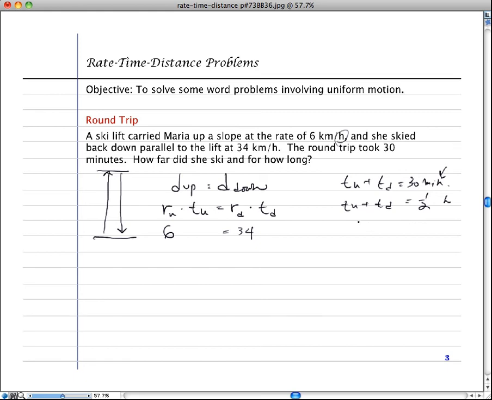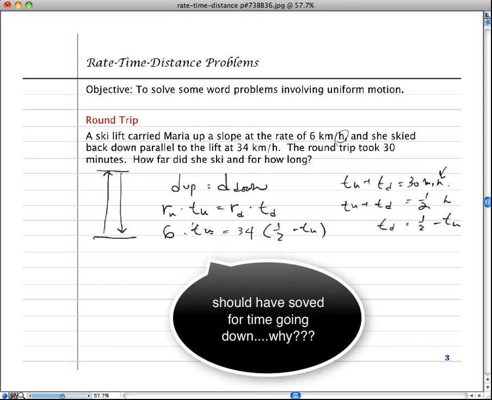Okay, so we need to solve for one of the variables. Let's go with going down. So t sub d is equal to 1/2 minus t sub u. We're going to plug that in. t sub d is 1/2 minus t sub u, and t sub d is here.